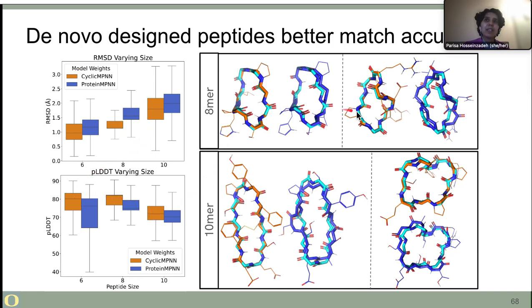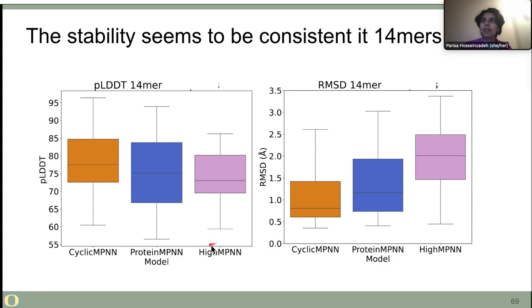And you can see some of the results here, and then some of the problems that protein MPNN shows. And it's true in 14-mer as well, that cyclic MPNN has a better pLDDT and lower RMSD.